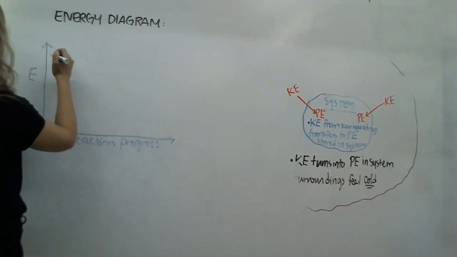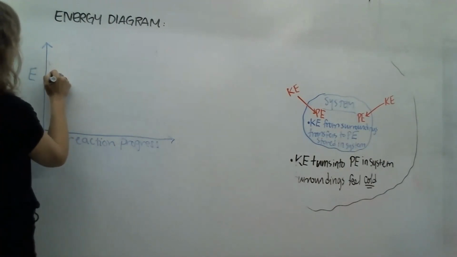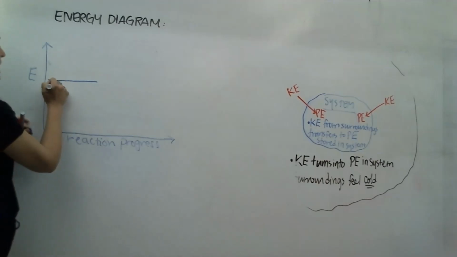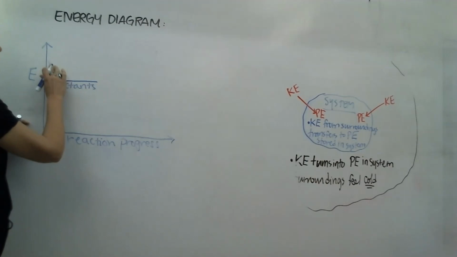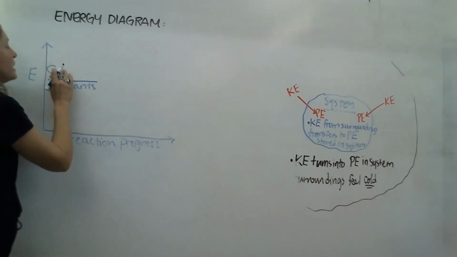show the reactants at this energy level here, right? These are the reactants. And in the balloon that we just exploded, those reactants were propane, so C3H8.